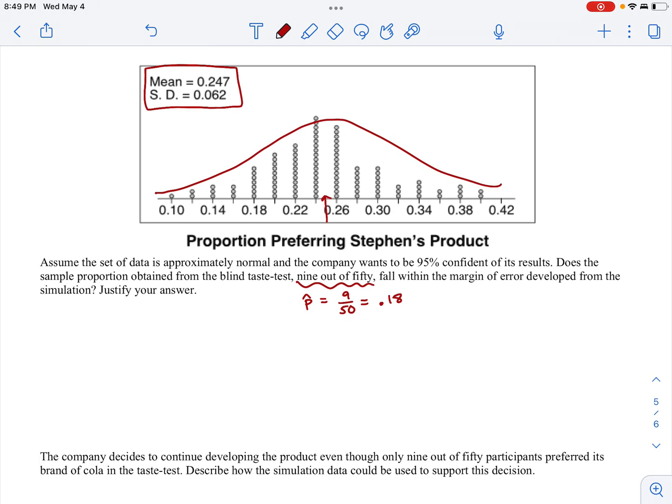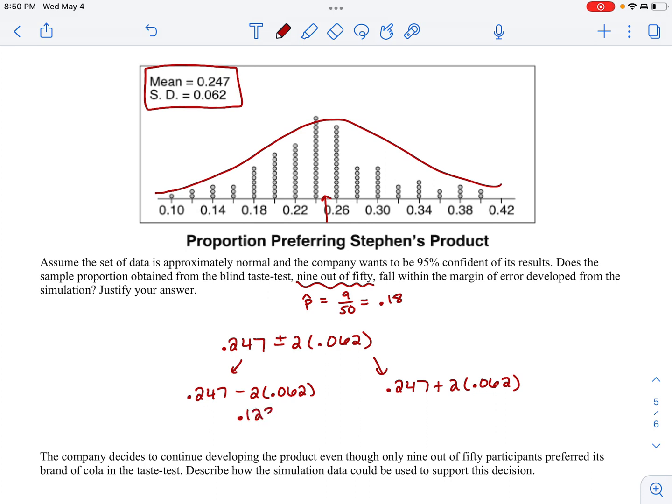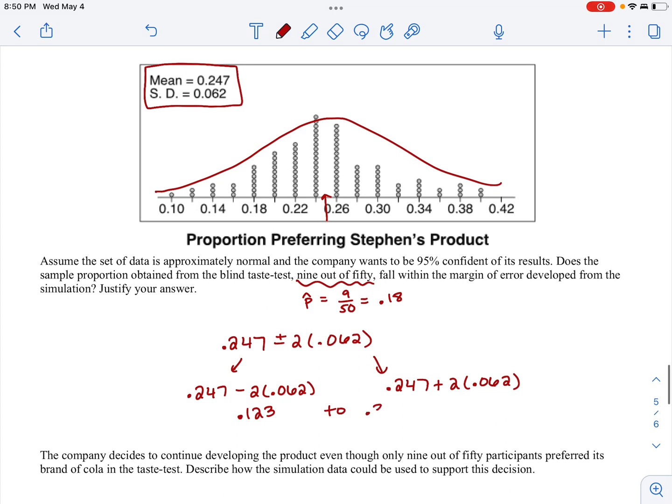Well, the only way to determine that is to calculate it. So 0.247 plus or minus 2 times the standard deviation. So 0.247 minus that, and 0.247 plus that gets us to an interval of about 0.123 to 0.371.